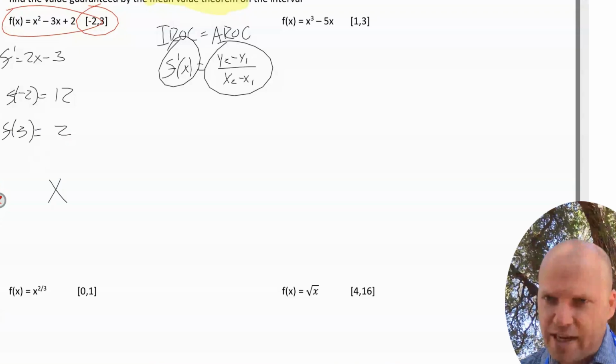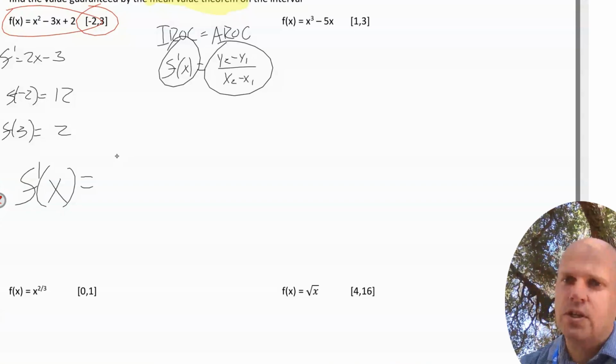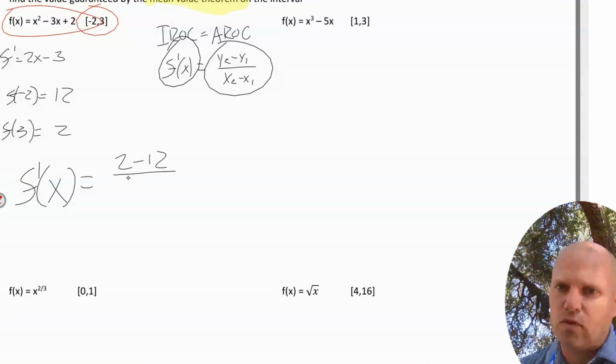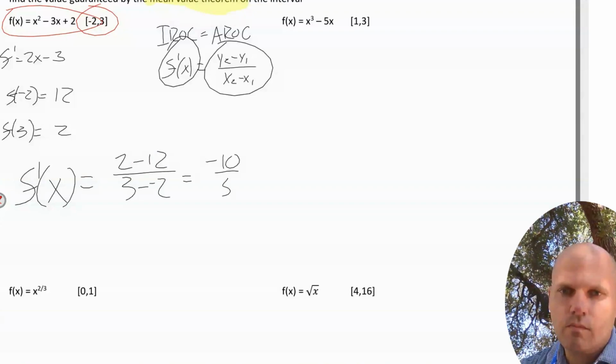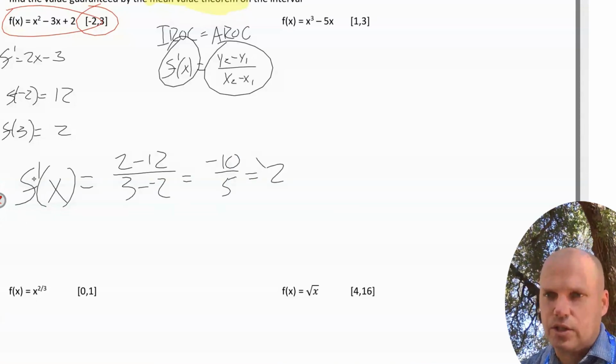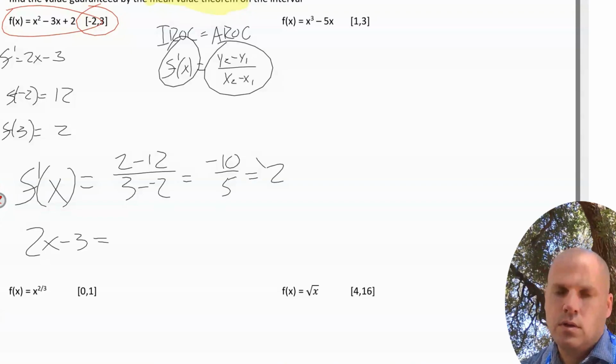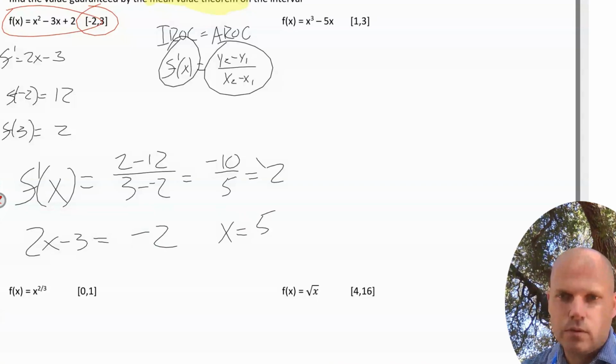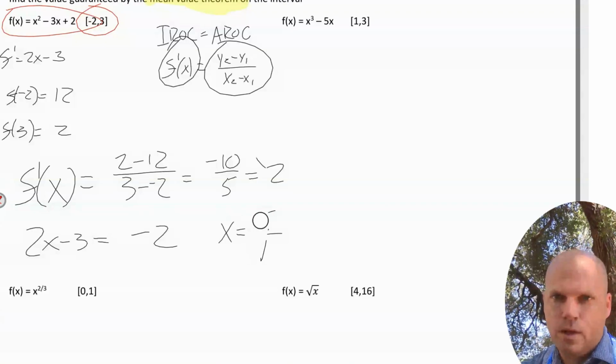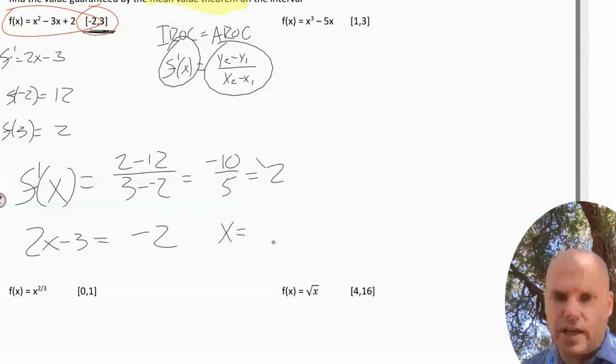I'm guaranteed to have an x value where the tangent slope of f equals the secant slope over the interval. Solve, and that value will be in between negative 2 and 3.